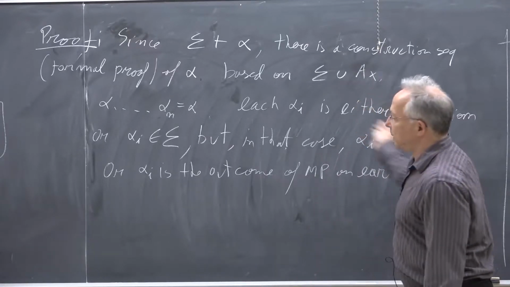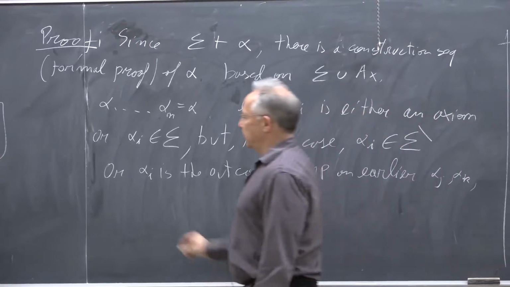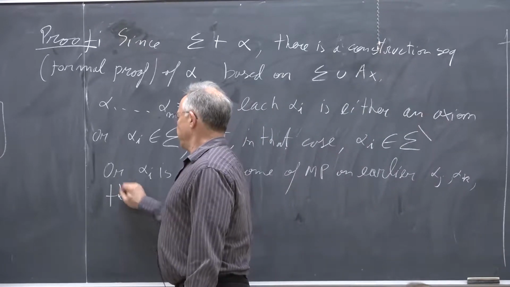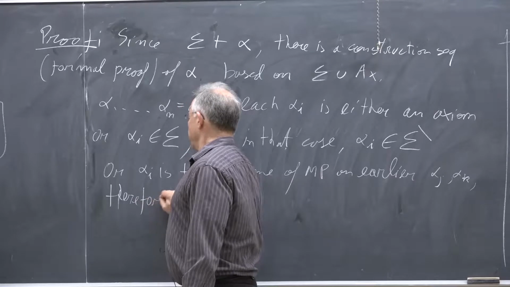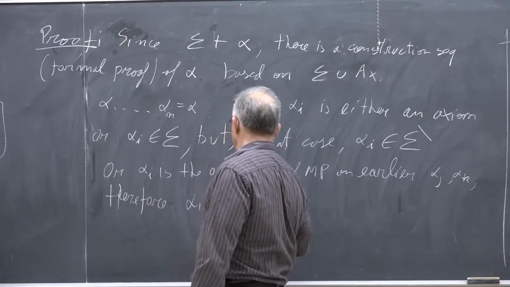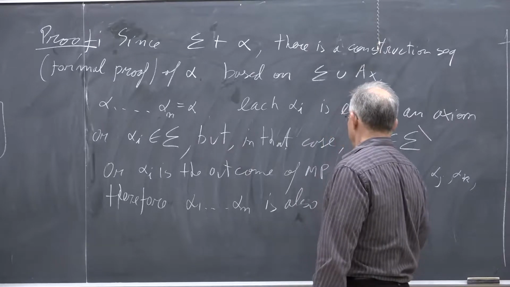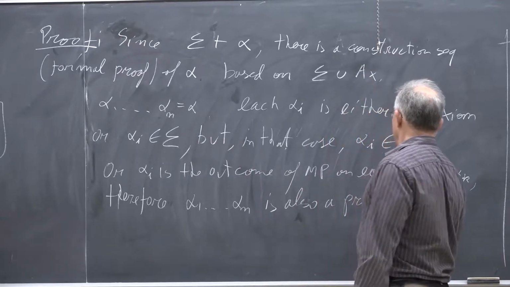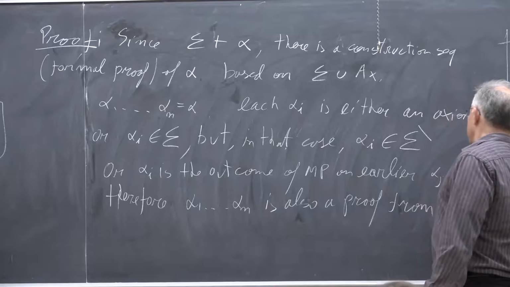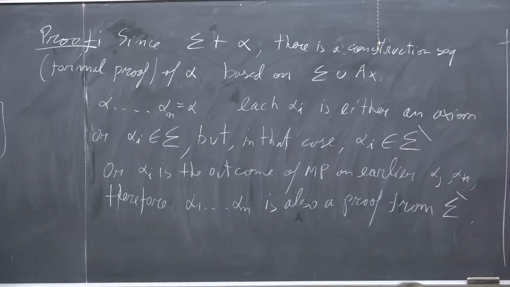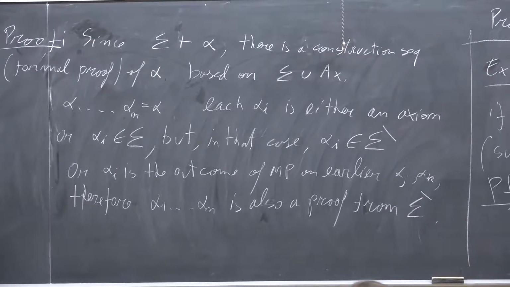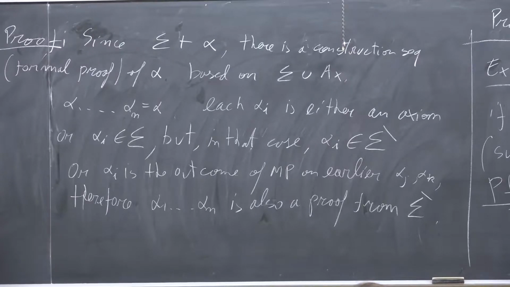But now if I read this, this just means, therefore, alpha 1 up to alpha n is also a proof from sigma prime. The same proof satisfies the requirements to be a proof based on sigma prime.